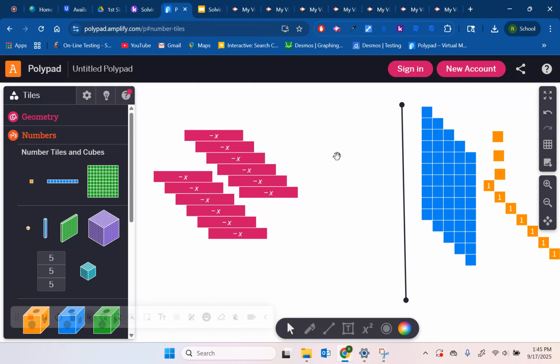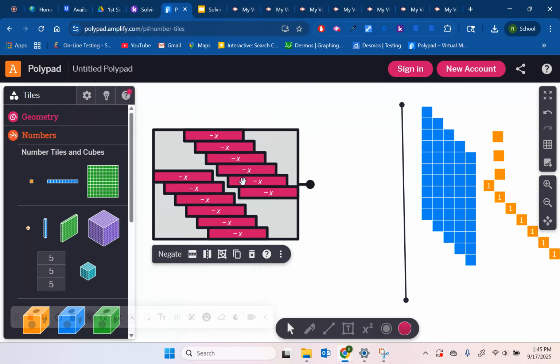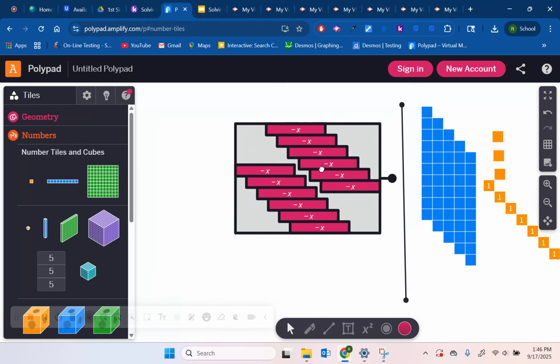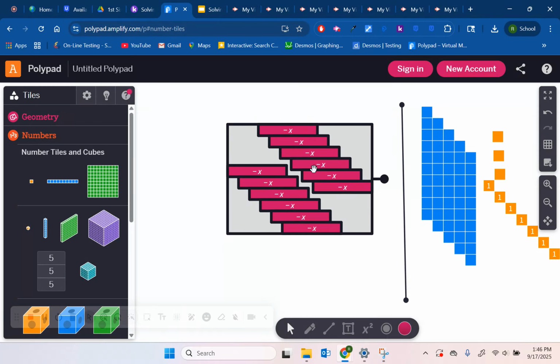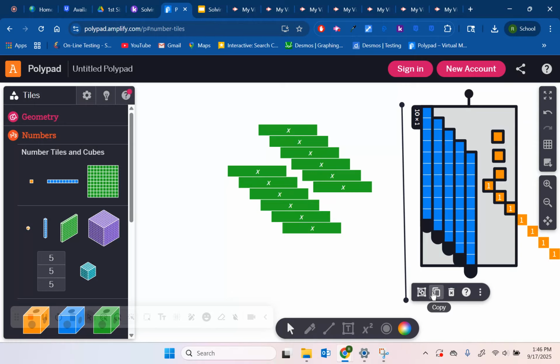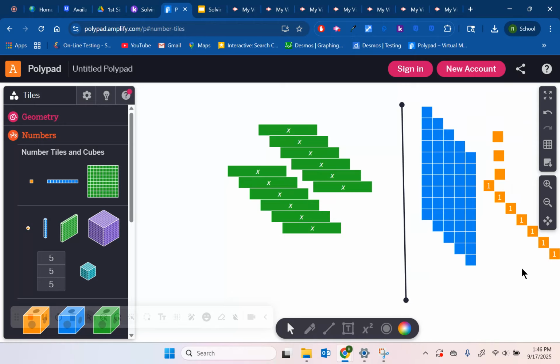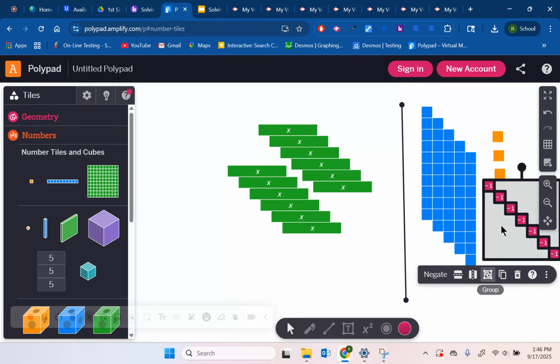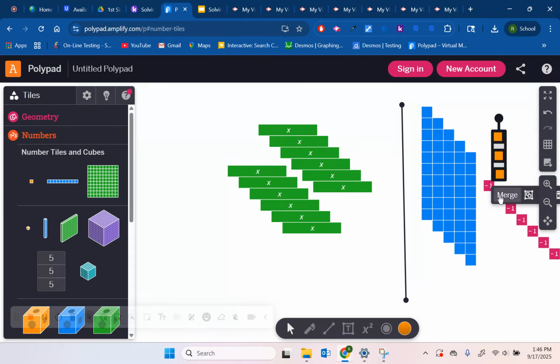Okay. Here's the thing. I don't want a negative x. So what I do is this. If I had actual tiles, I would just flip them over and make them all positive. Which means I would flip all these guys over and make them all its opposite. These guys would become negative, right? And these guys would also become different.